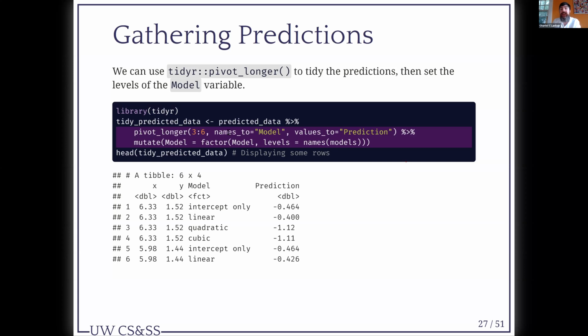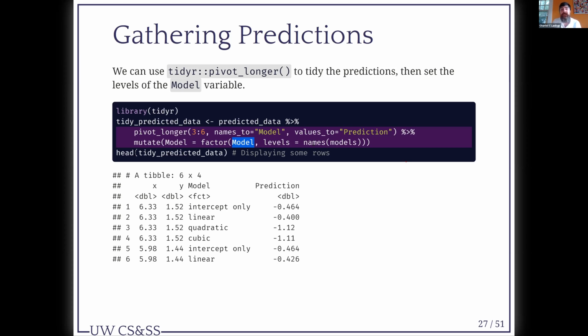I want to create a names column called model that's going to store the old column names. I want to create a values column named prediction that stores the old values in those columns. I then turn model into a factor with levels equal to the names of models. This is just to put the model variable in the order that we ran them in. This is purely for aesthetics.